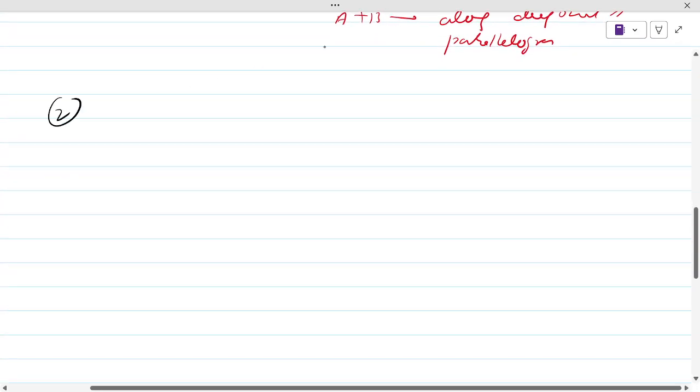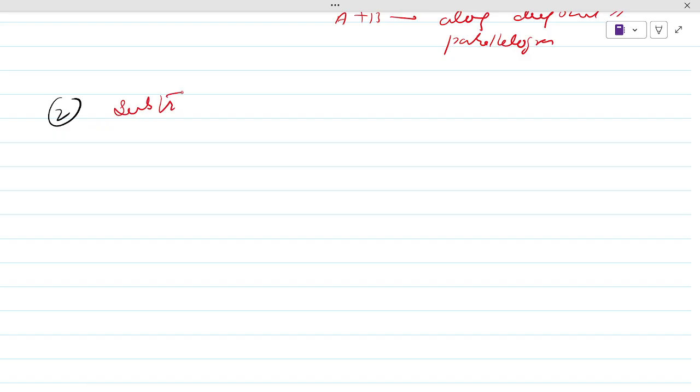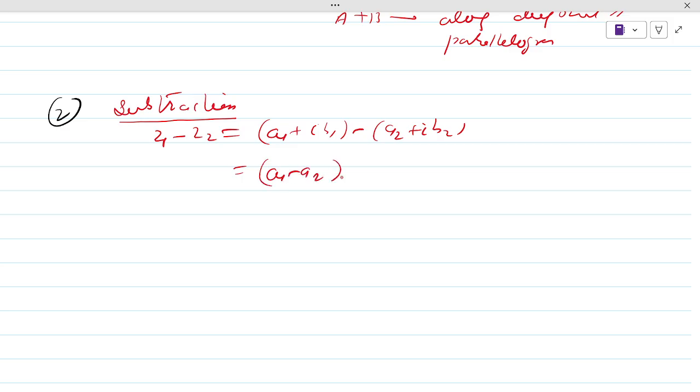Now let's talk about the subtraction of complex numbers. If I say z1 minus z2, obviously a1 plus ib1 minus a2 plus ib2, so z1 minus z2 will be a1 minus a2 plus i times b1 minus b2.